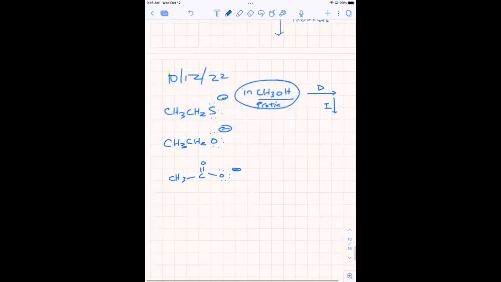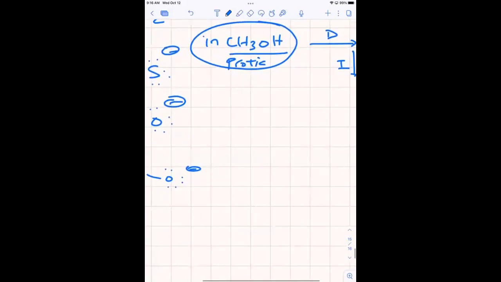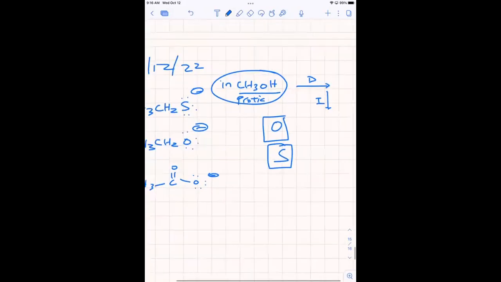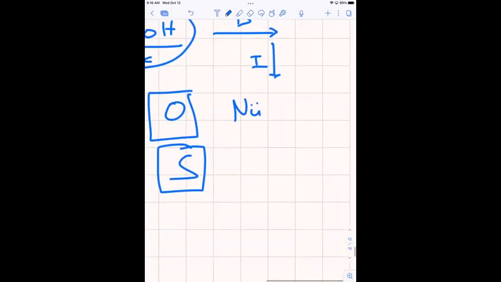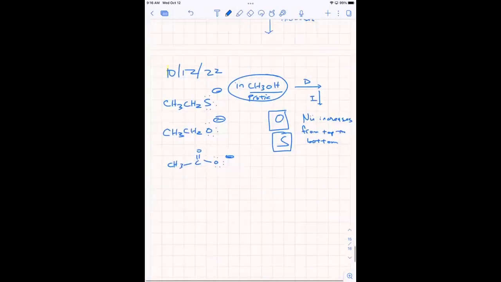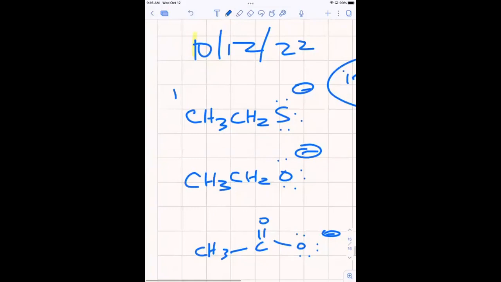So if sulfur is below oxygen, you have oxygen here and then sulfur here in the periodic table. And the trend is that the nucleophilicity increases from top to bottom. Which one of those is going to be a better nucleophile? Sulfur. Good. So this is the best of the two.